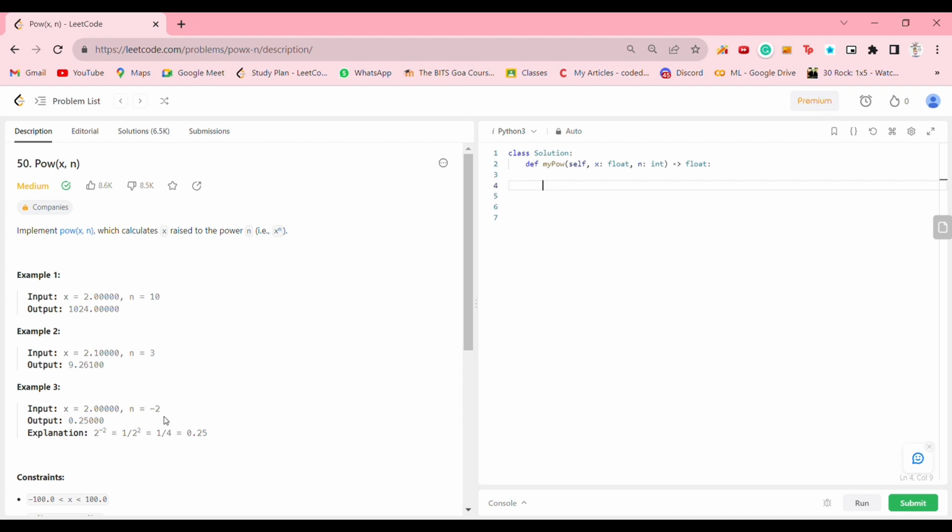But this isn't such a big problem because 2 to the power minus 2 is nothing but 1 over 2 to the power 2, right? So we can handle those negative exponents by just doing 1 over x to the power of the absolute value of that negative exponent. So that should be pretty simple.